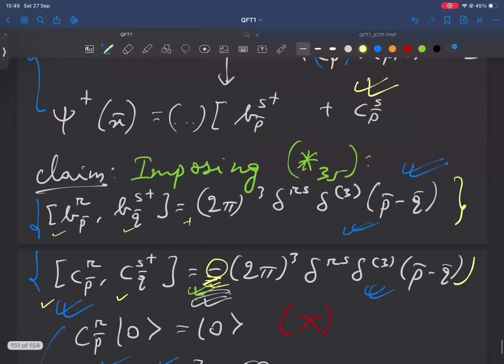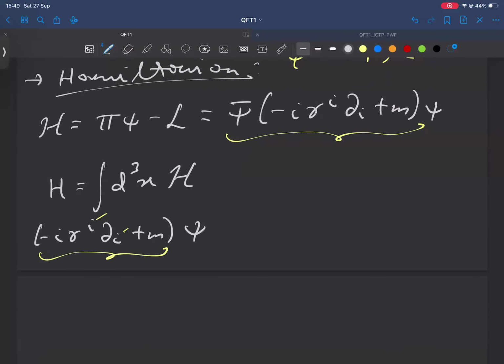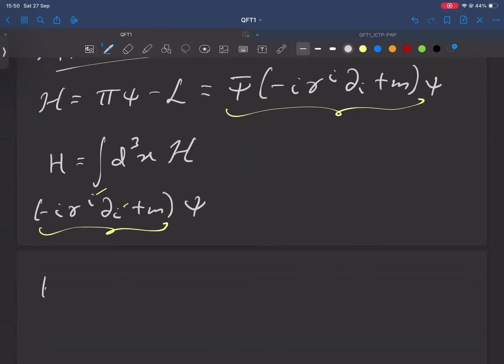So if you act on that and use the identities that we have been using till now, then you can show that this Hamiltonian, which when we derived the space-time translation, takes this form.